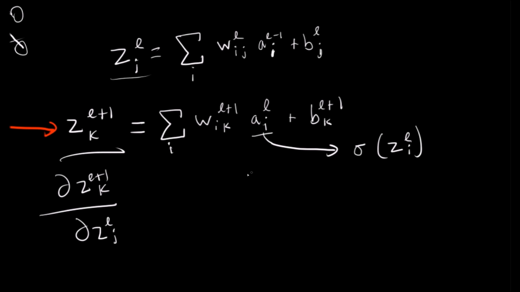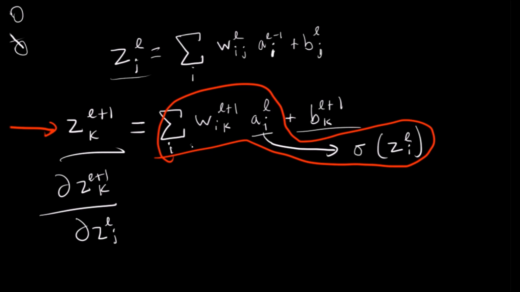So let's take a look at this right now. We already know that this bias is going to disappear because it's a constant term, and the derivative of any constant, no matter what, is going to be 0. Now we need to take the derivative of just this part.